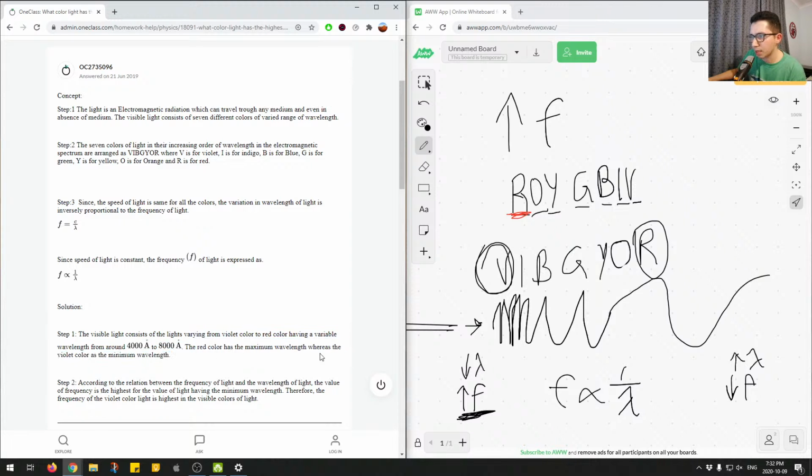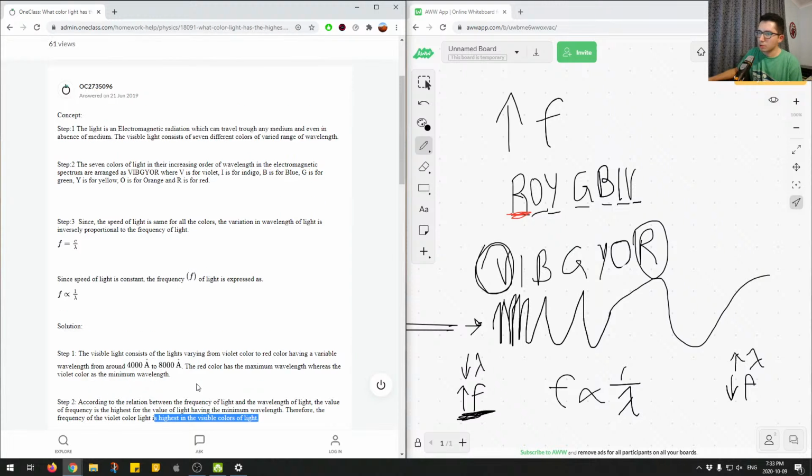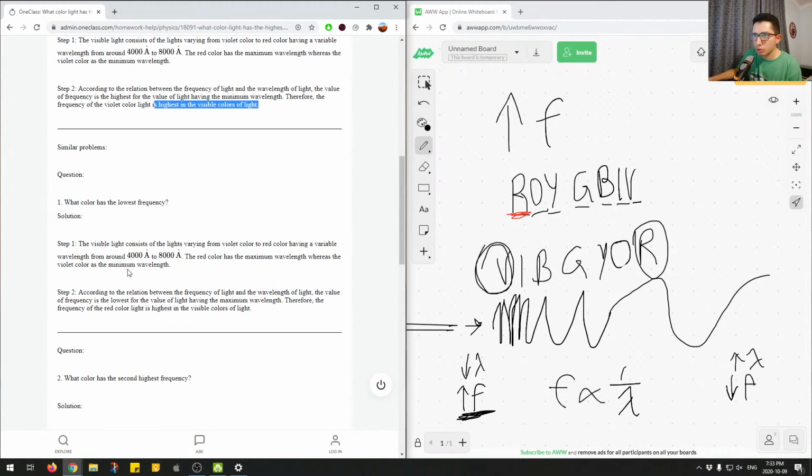Red has the maximum wavelength, whereas violet has the minimum. So that's correct as what we said. Frequency and wavelength are inversely proportional, and the violet color has the highest frequency in the visible colors of light. So the solution is correct.